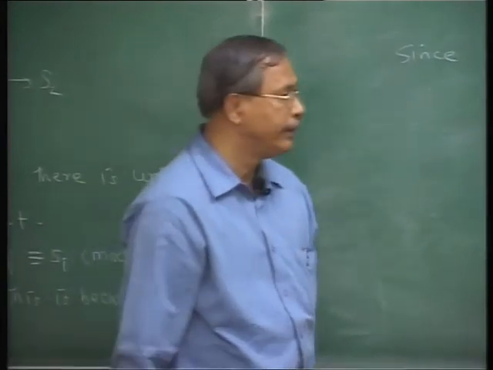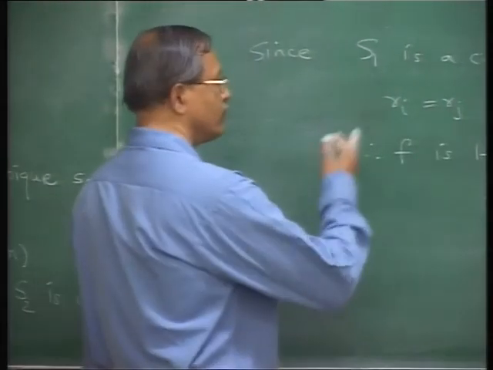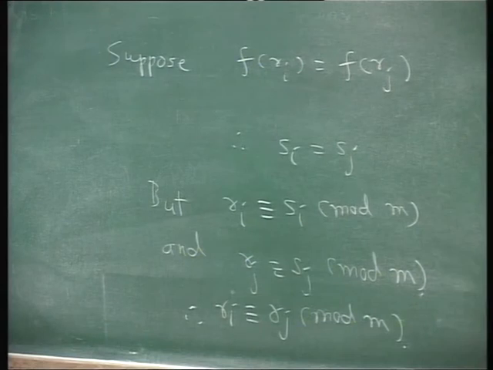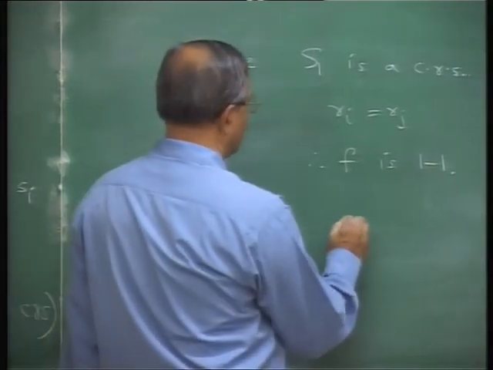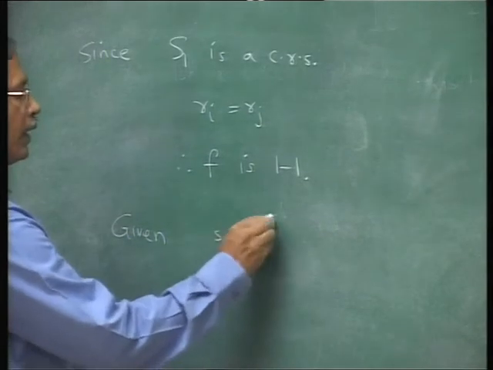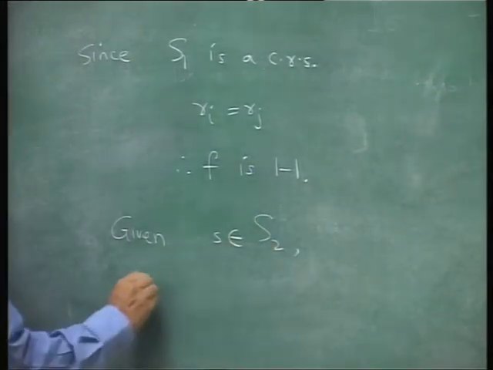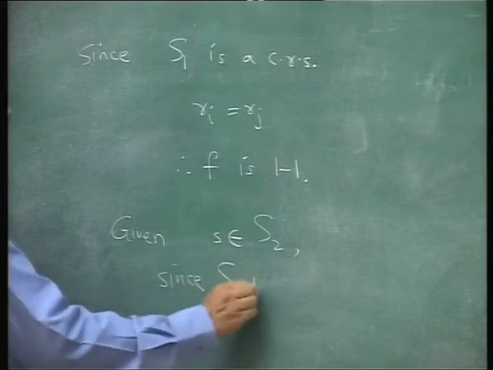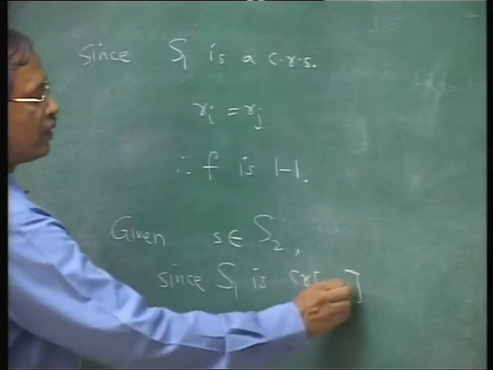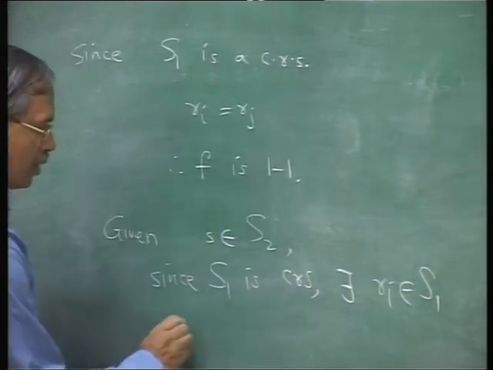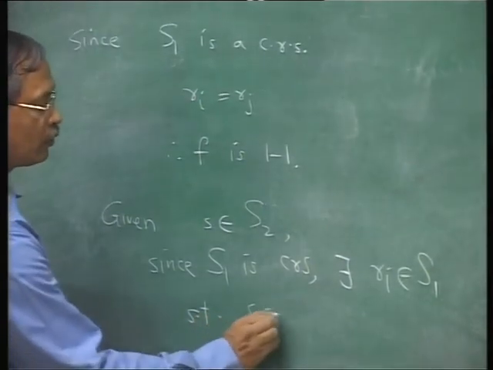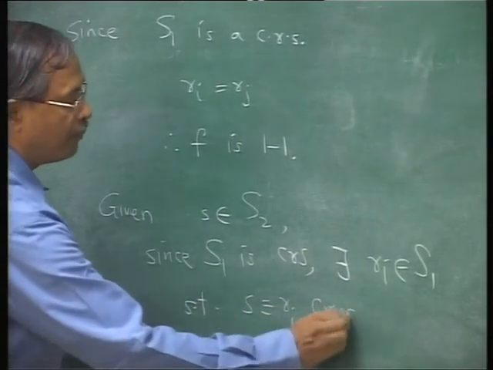f is one-one. Is f onto? So, given any element of this set S2, given, let us say, s belonging to S2, since S1 is a CRS, there exists Ri in S1 such that s is congruent to Ri mod m.